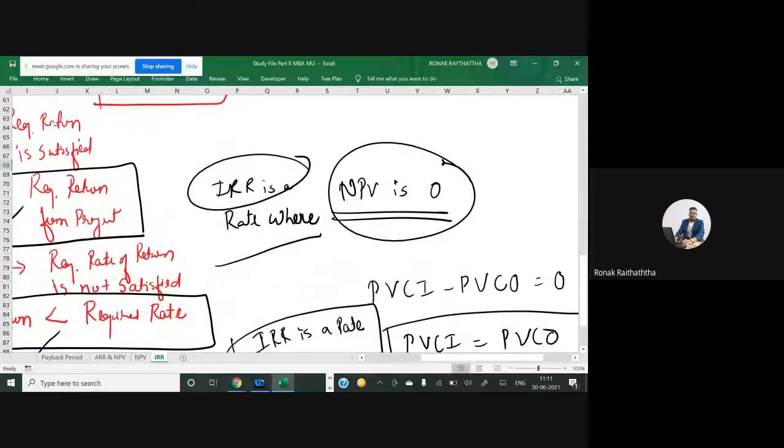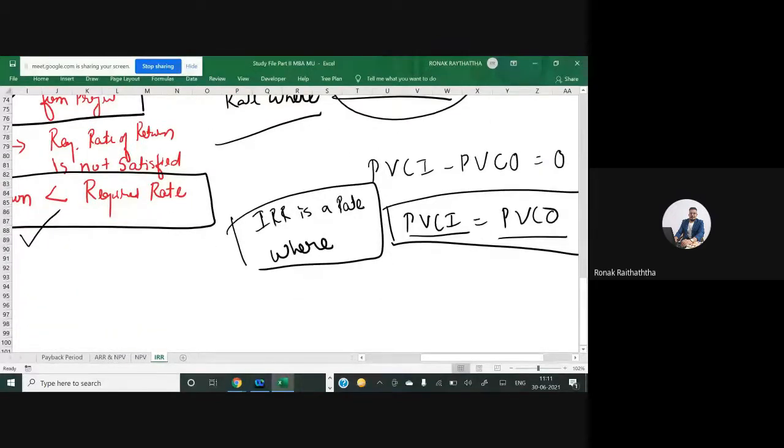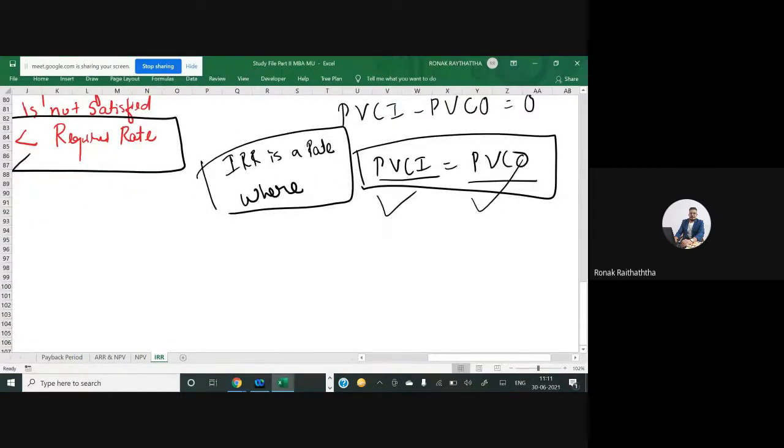IRR is a rate of return where NPV becomes 0. IRR is a rate of return where PVCI becomes equal to PVCO. Now we will do a reverse engineering to see what is a rate where PVCI is becoming equal to PVCO.